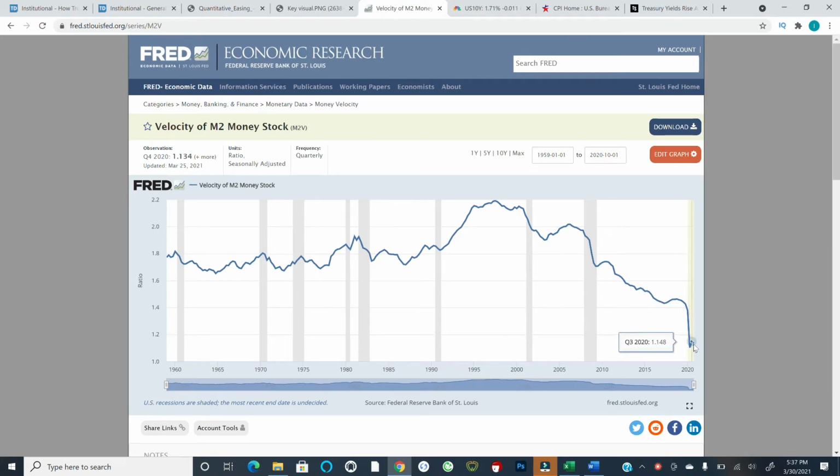It's popped up a little bit, but is still just historically low, right? And this is largely due to the restrictions, the lockdowns, the fact that people can't go out and spend money.